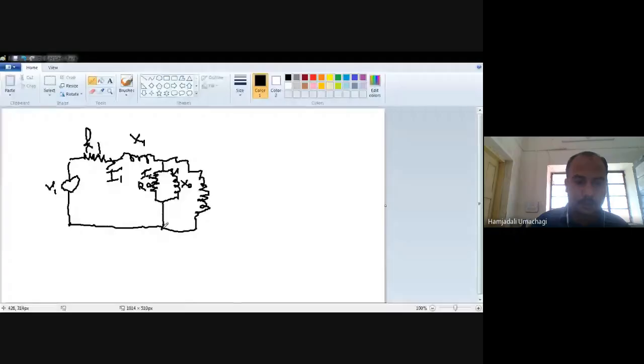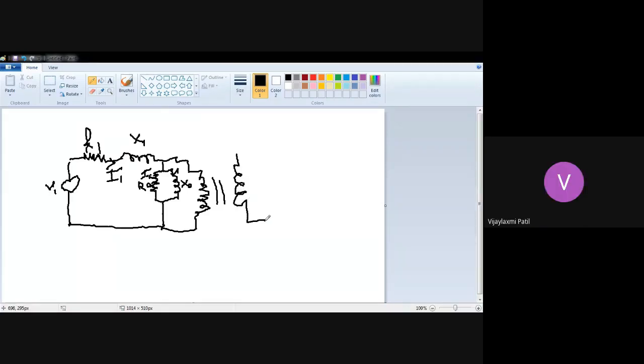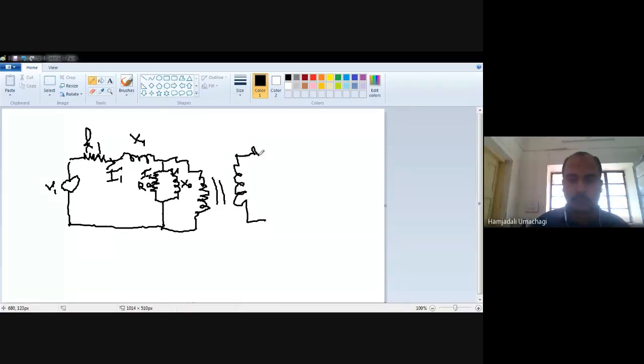Now can you see? Yes, now can you see the diagram here? Roughly I am drawing. Yes, sir. Just by using the Paint option, I am drawing the diagram here.